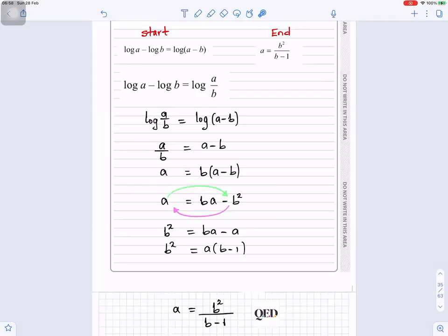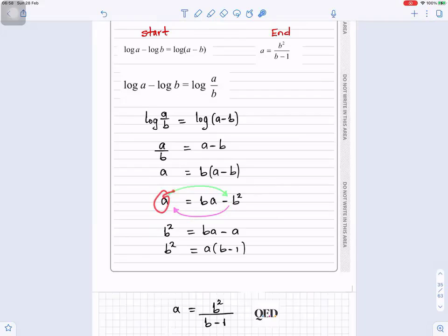Once you've taken out the logs, you can take B to the right-hand side. So A becomes B bracket A minus B. And then you remove the bracket. So A is equal to BA minus B squared. Now minus B squared goes to the left. It becomes plus B squared.